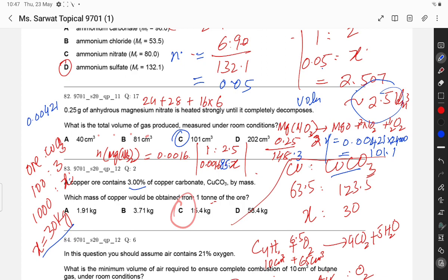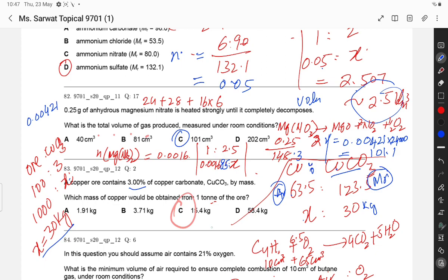So copper carbonate: this is the Mr of copper carbonate, and the atomic mass of copper is 63.5. What would be the mass of copper in 30 kg of ore?